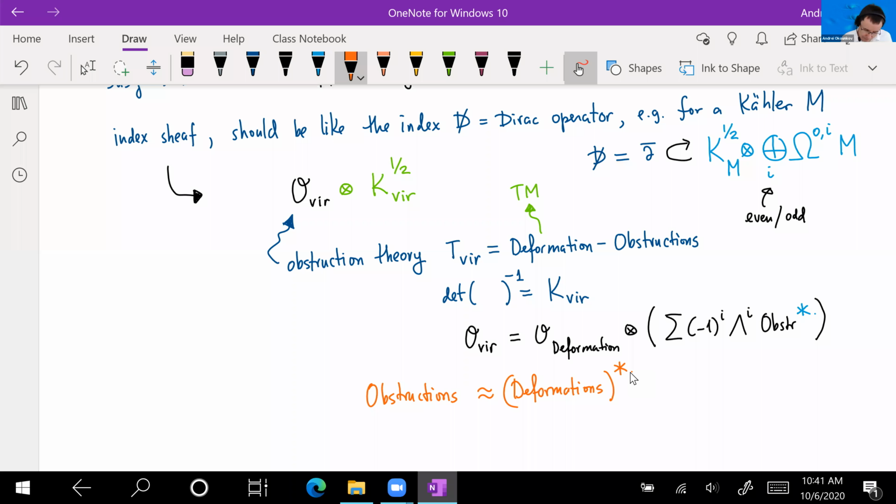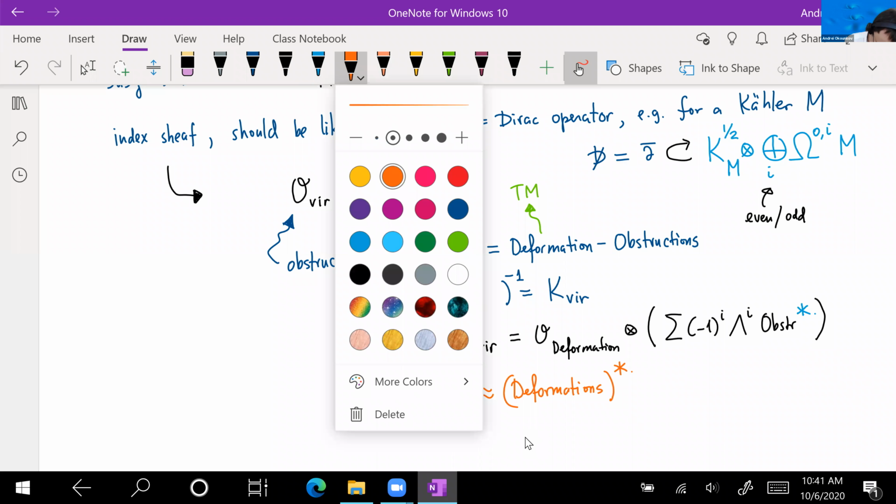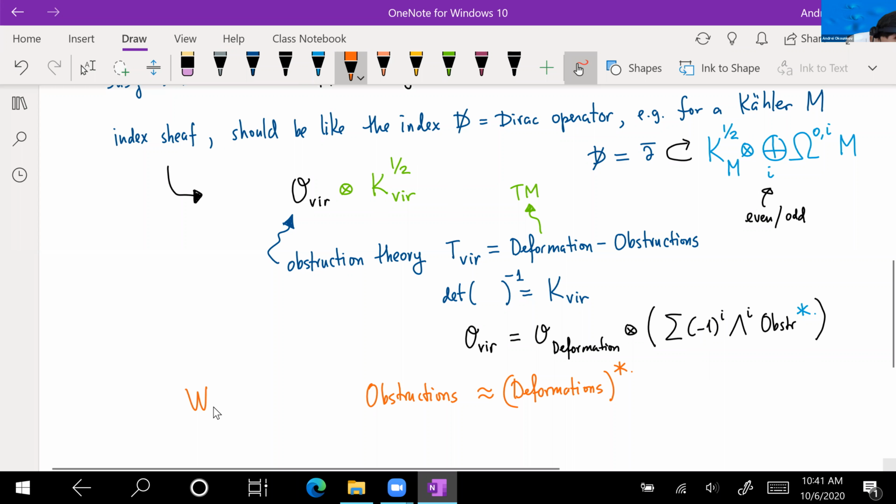So in particular, that's the condition we want to impose. So we want something like that. But that's this duality.